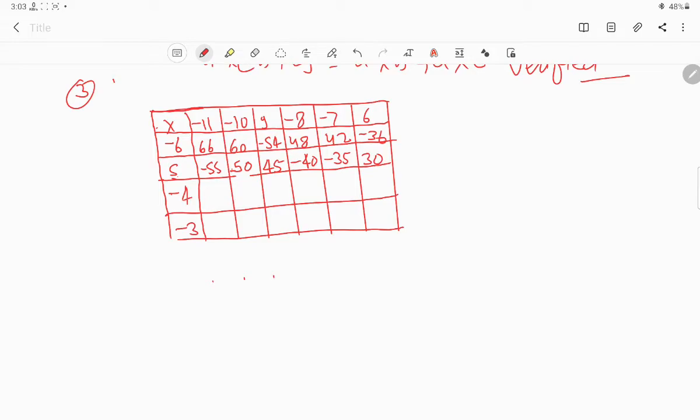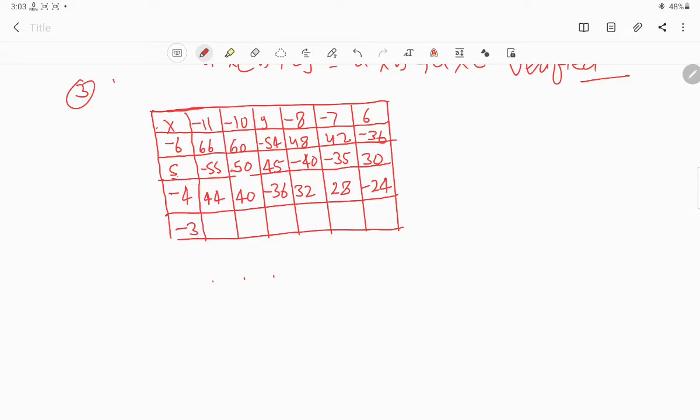Multiply by 4 now: minus 44, minus 40, minus 36, minus 32, minus 28, minus 24.